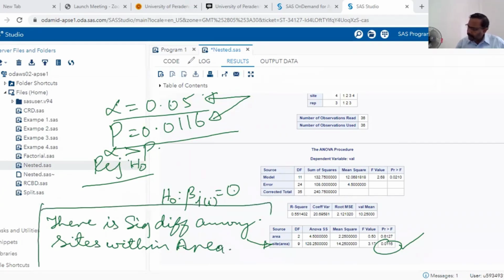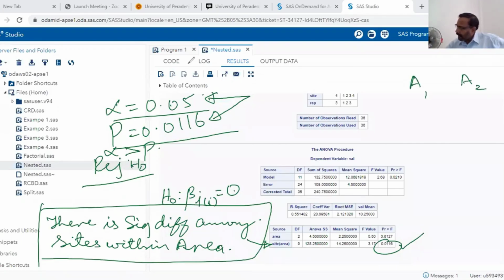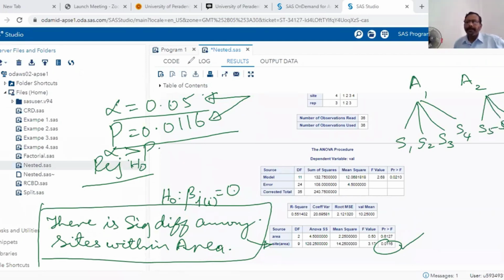There's a significant difference among the sites within the area. So for example, I will take area 1, area 2. I will take only two areas. Let's say site 1, site 2, site 3, site 4. Here also, let's say we have site 5, site 6, and so on.